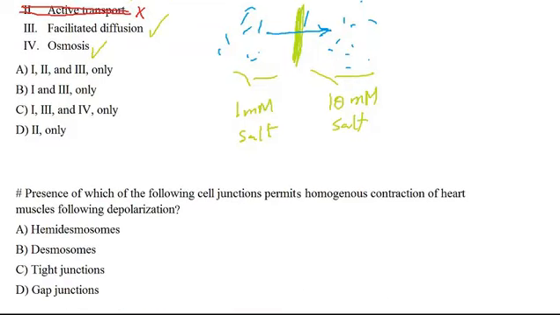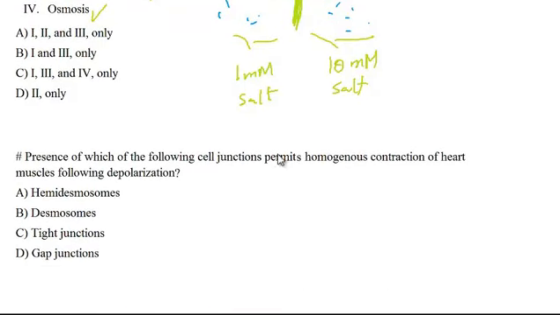And finally, the last question, presence of which of the following cell junctions permits the homogeneous contraction of heart muscles following depolarization? So we've already just discussed how gap junctions allow movement of ions from one cell to another. So once we have an action potential, it can quickly spread to adjacent muscle cells with the help of gap junctions.